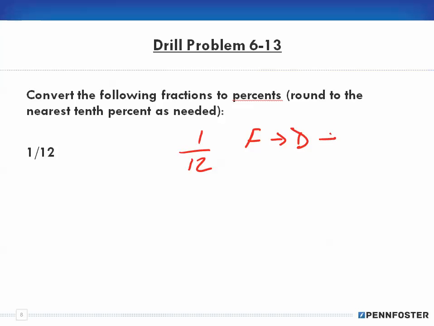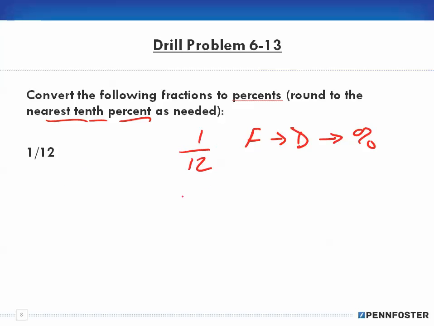And then from the decimal, I'm going to convert it into the percent. And we're rounding the percent to the nearest tenth. If I'm looking at the nearest tenth, what am I talking about here? I'm talking about this spot here. So I have to take that number out to the hundredth place over here, right? But that's the decimal that I'm talking about.